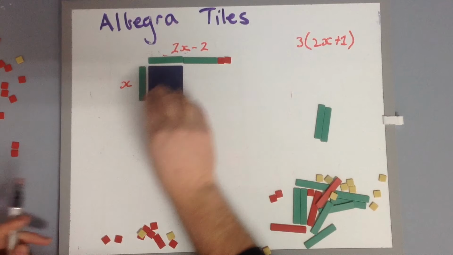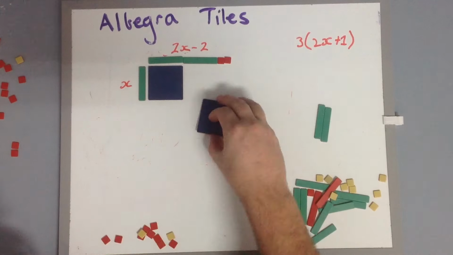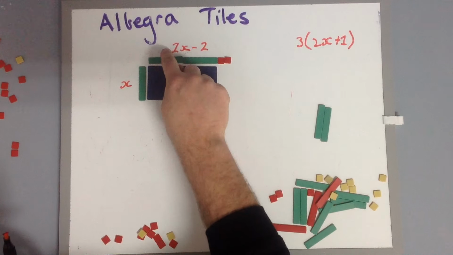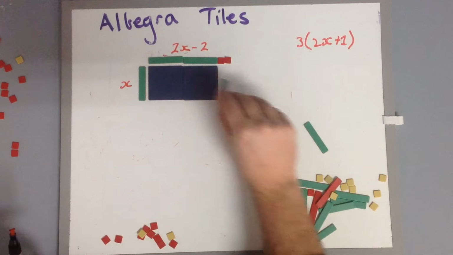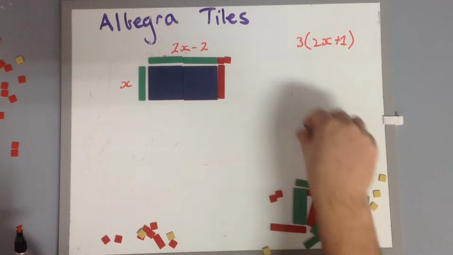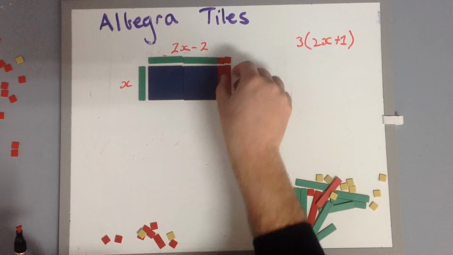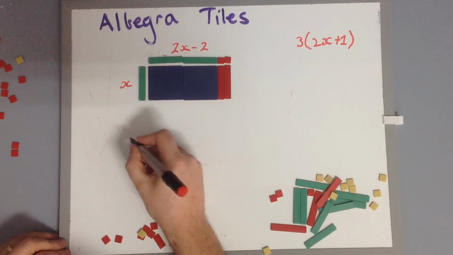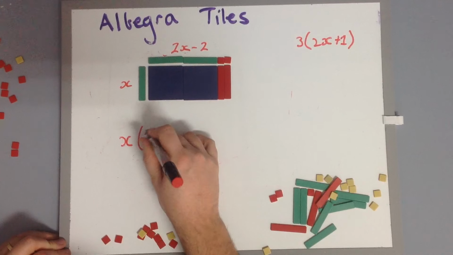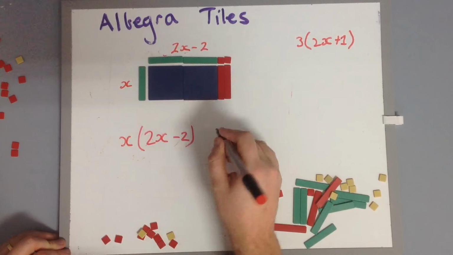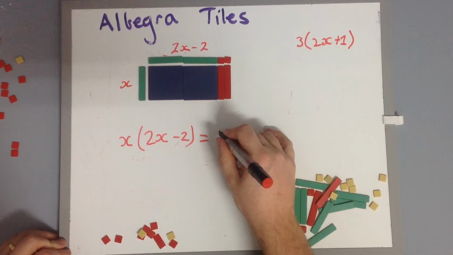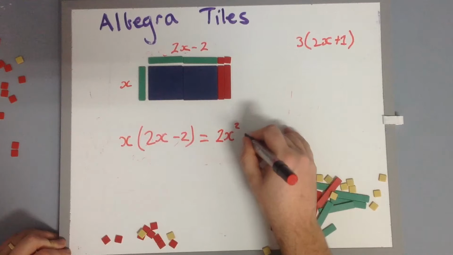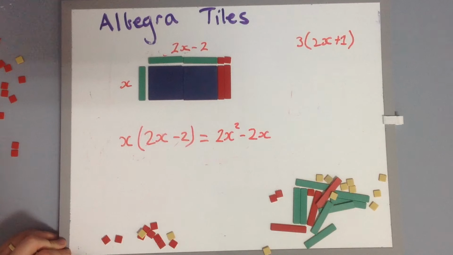We put in our positive x squared because a positive by a positive gives a positive, but now a negative by a positive gives a negative. So we can write it as x outside of 2x minus 2, and that's going to equal 2 positive x squareds and 2 negative x's. So it looks like that.